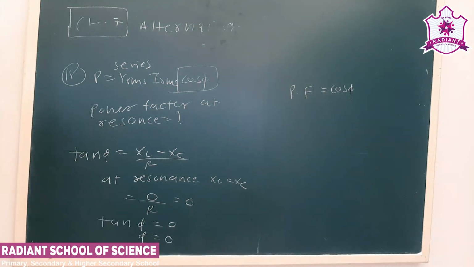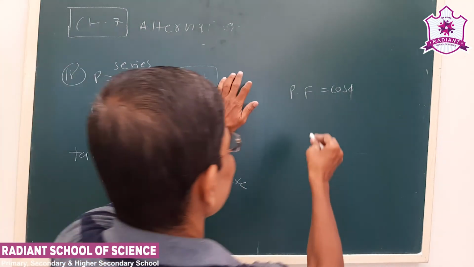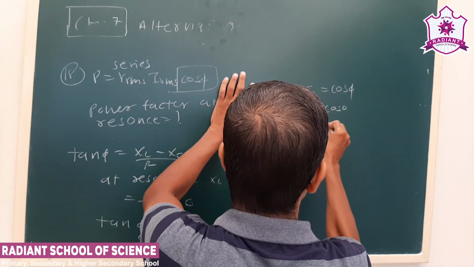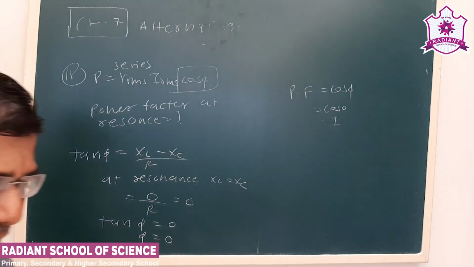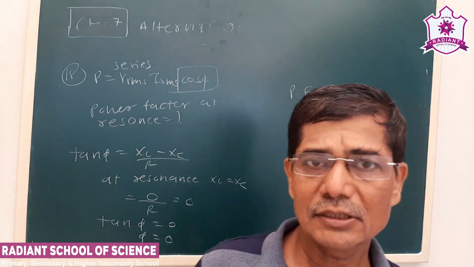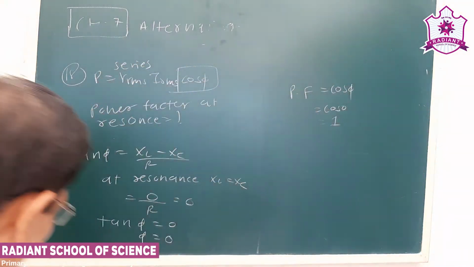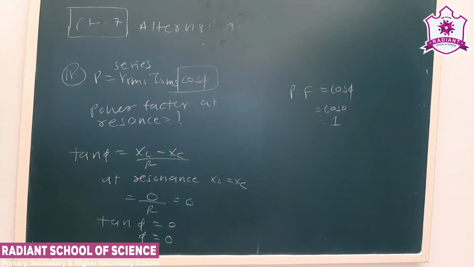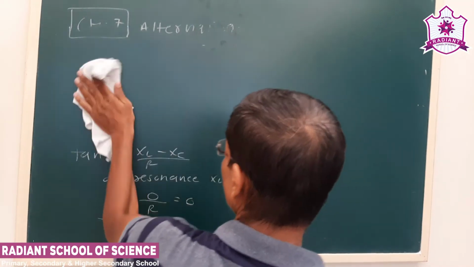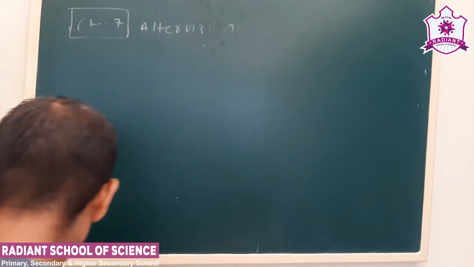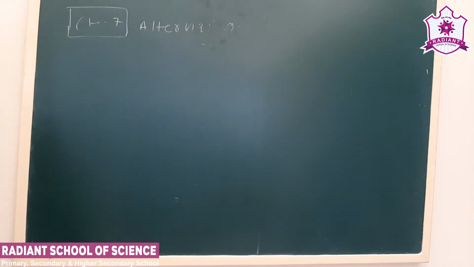Now at resonance the phase difference is 0. Therefore cos 0, value is 1 or unity. So remember, in LCR series circuit at resonance the power factor is 1. Okay, so this is our MCQ number 18. Now see our next MCQ, that is number 19.